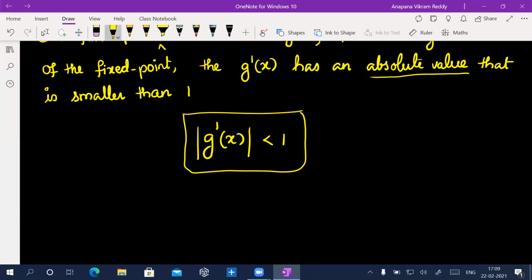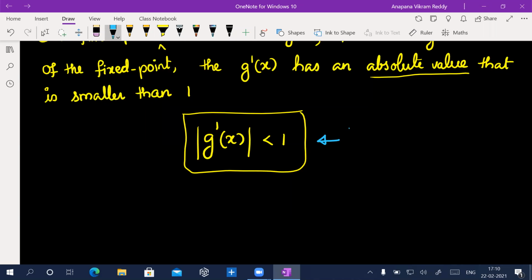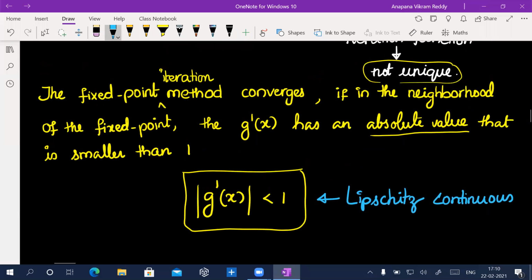And you can treat this condition like a Lipschitz continuous condition. So with this condition, definitely we can make things fine.